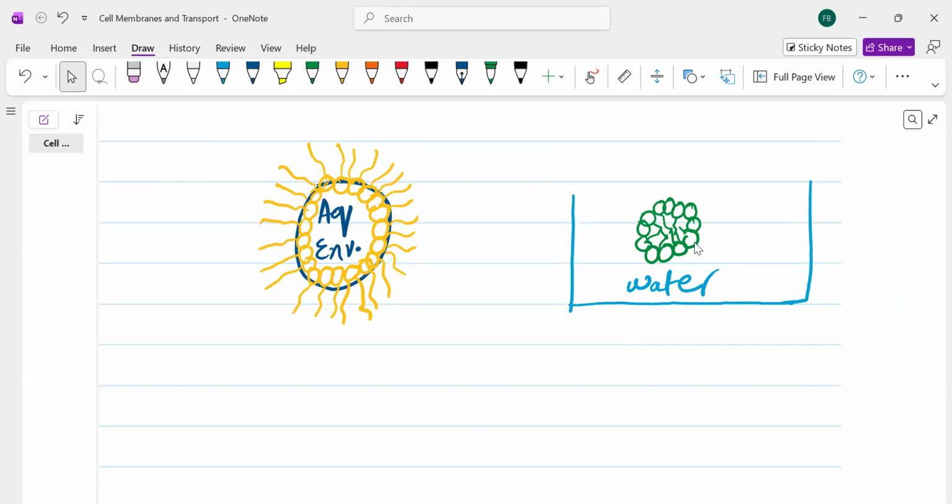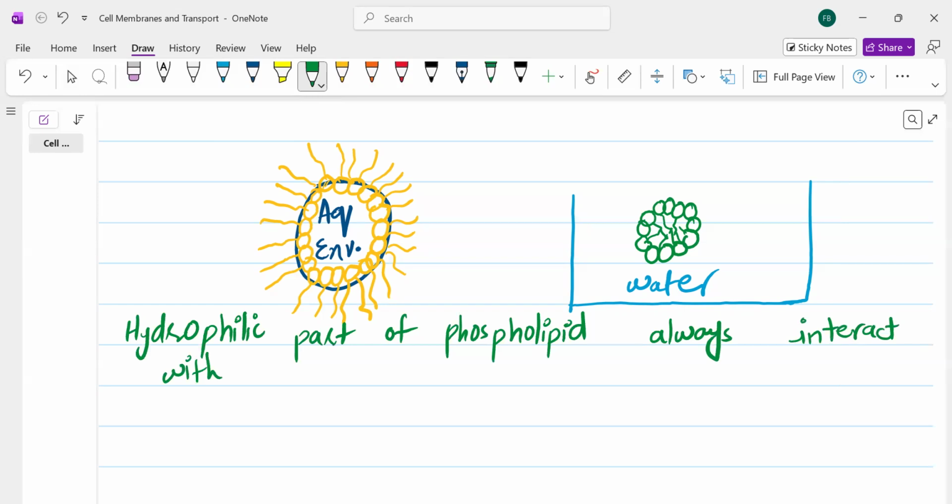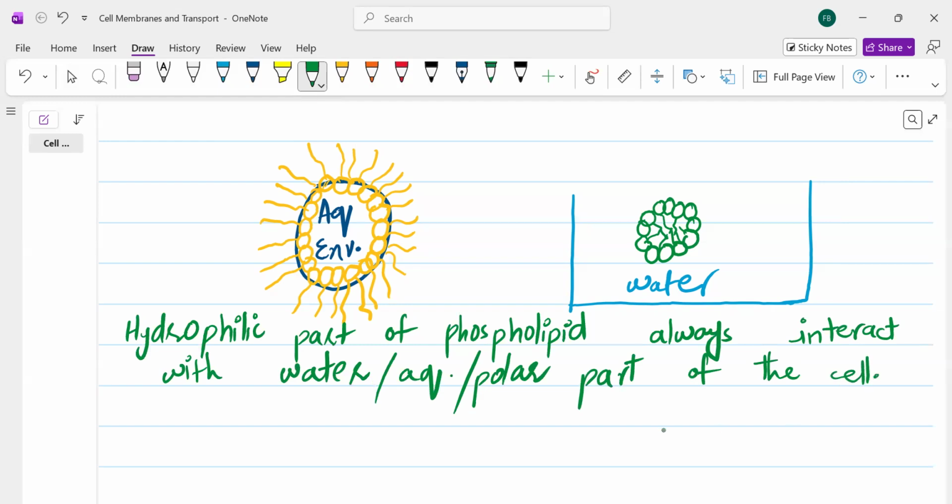Simply, you can say, I can write over here: hydrophilic part of phospholipid always interacts with water or aqueous or polar part of the cell. Clear? Okay.